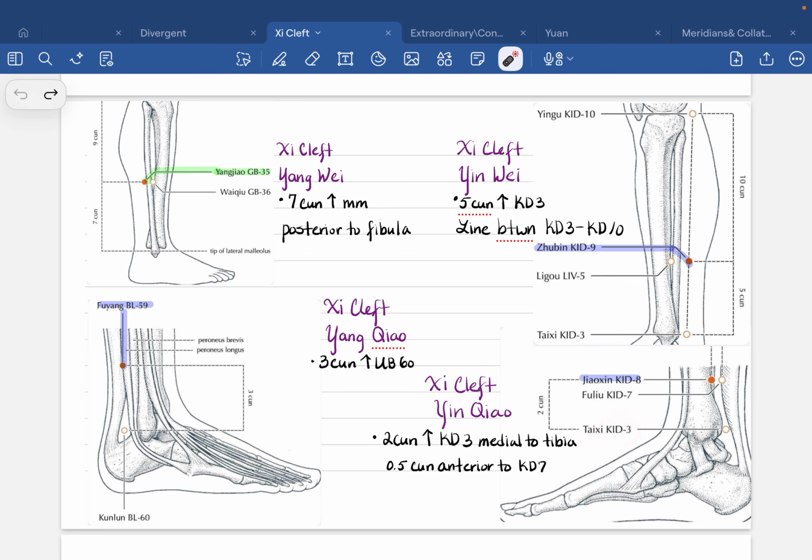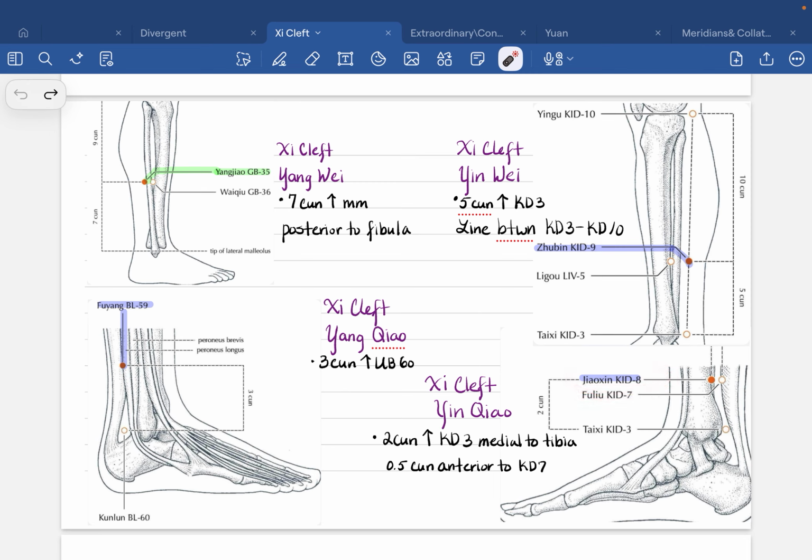It's going to be 2 cun up from kidney 3, but also 0.5 cun anterior to kidney 7. So these are aligned together. We have to know kidney 7, we say it's 2 cun up, right? But it's going to be 0.5 cun anterior. Okay, so that's kidney 8.